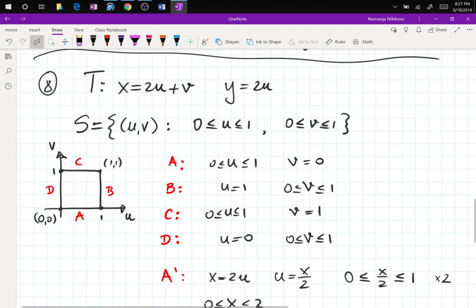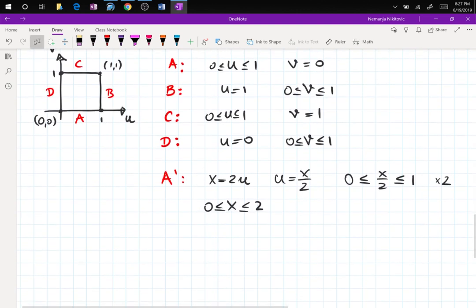Y is also 2u, so 0 less than y less than 2 as well. So we have our A prime.